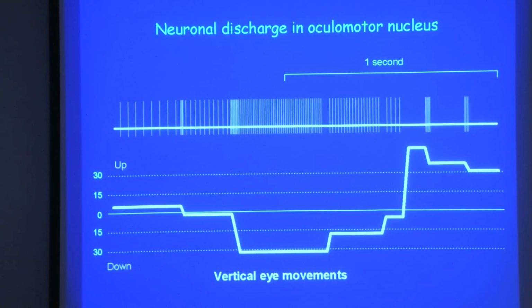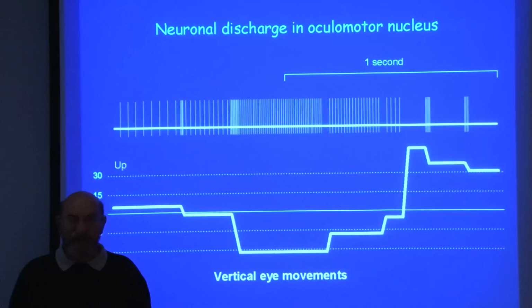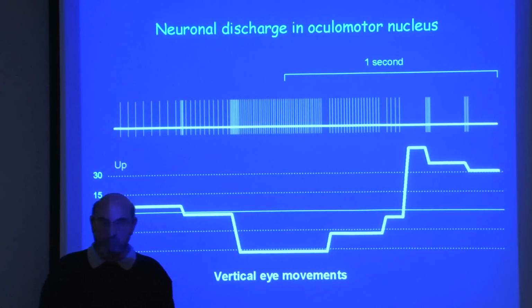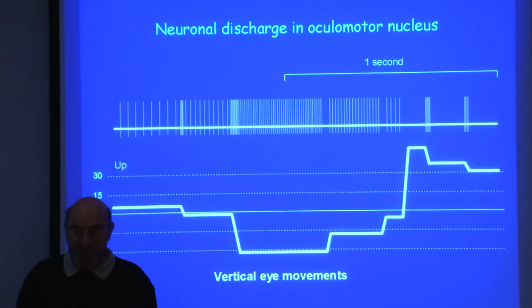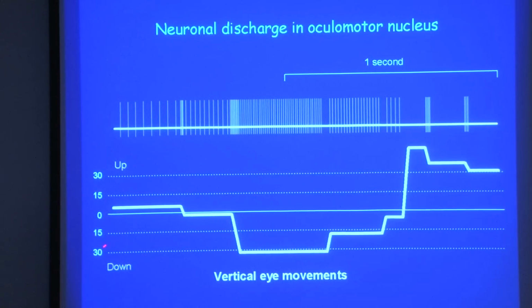I'm not going to go into the debate itself, but I'm just going to tell you how it works. But the fact is that these neurons are involved in generating all the eye movements we talk about, meaning smooth pursuit, meaning maintained eye position, and saccades. And so here's an example. This shows vertical eye movements, just the vertical eye movements, okay?